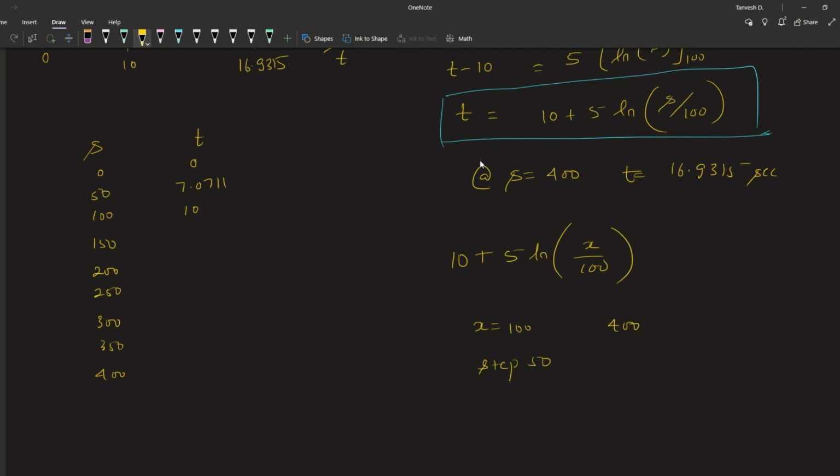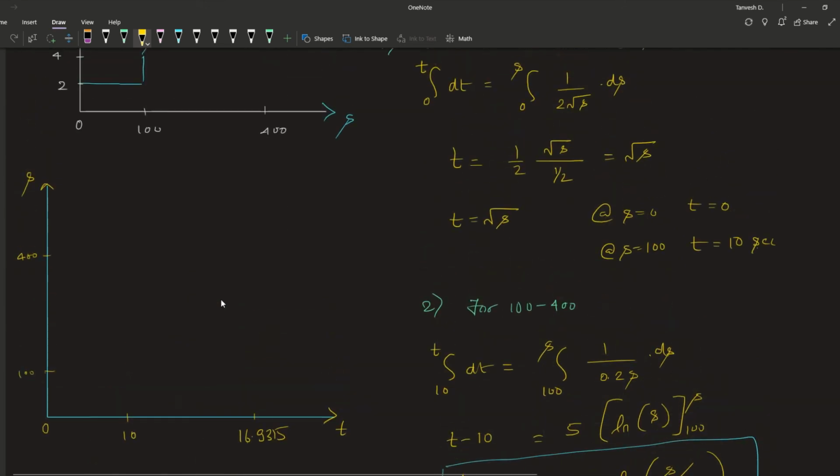So you'll get the values here: 12.027, 13.4657, 14.5815, 15.49, 16.26 and 16.9315. Right?